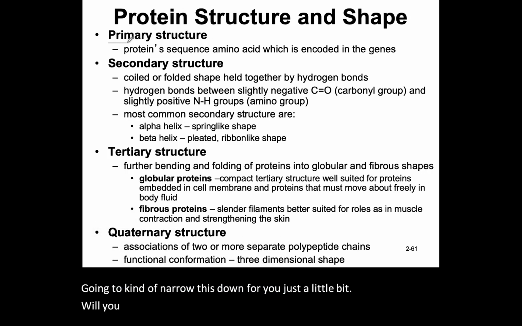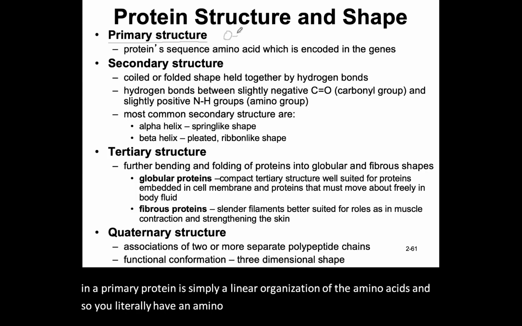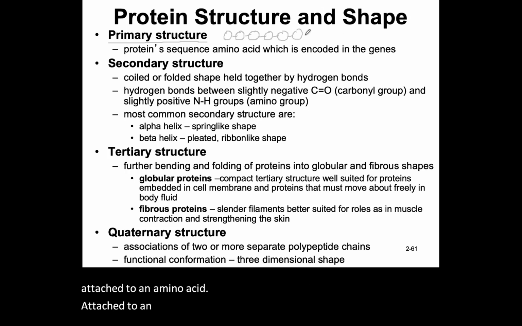First of all, you need to know what a primary protein is. Right? And a primary protein is simply a linear organization of the amino acids. And so you literally have an amino acid that's attached to an amino acid, attached to an amino acid, attached to an amino acid. All right. And that is the chain. That is a primary protein, or a primary structure.